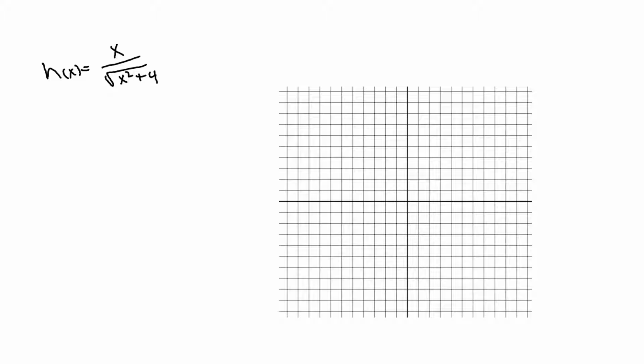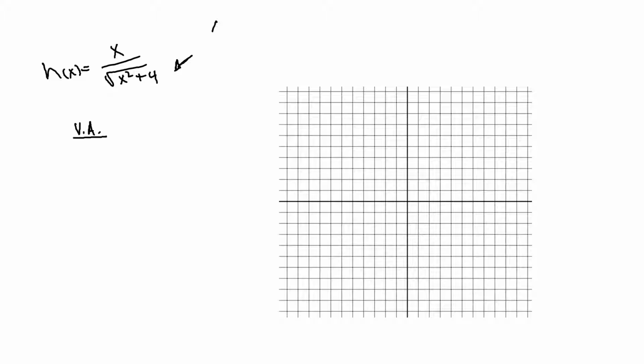Let's say, for example, that we wanted to come up with the vertical asymptote. So we'd look at the denominator and ask ourselves, is it possible for this denominator to equal 0? Well, that's like saying, is the square root of x squared plus 4 equal to 0?